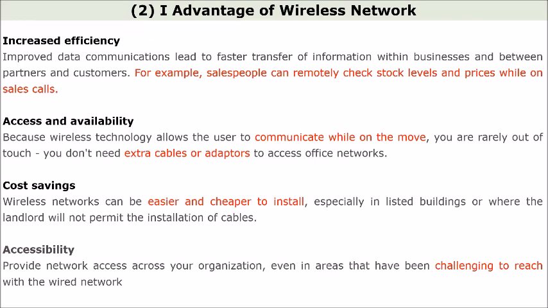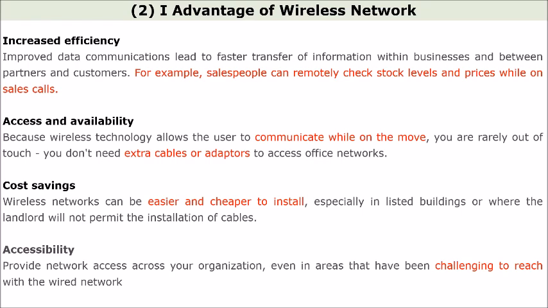Right. Then second one, access and availability. That means the users can access your network system from any area, any location of the world.